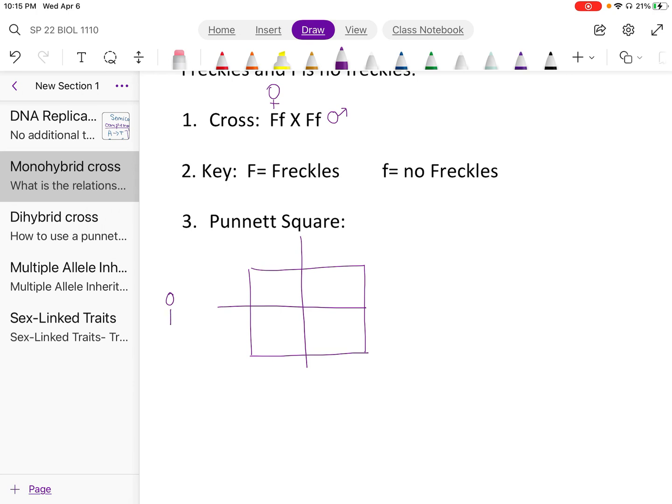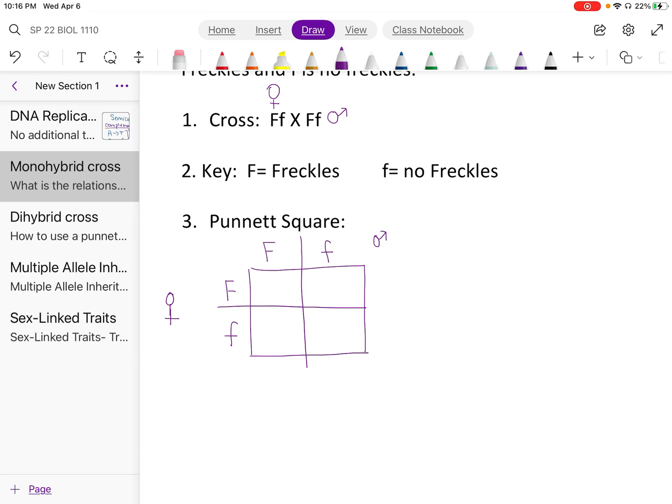So on this side, I'm going to put the female symbol, and she has one copy of a dominant allele and a copy of a recessive allele. On the top here, I'm going to put this symbol, and that represents male. And this male also has a dominant allele for F and a lowercase allele, a recessive allele.